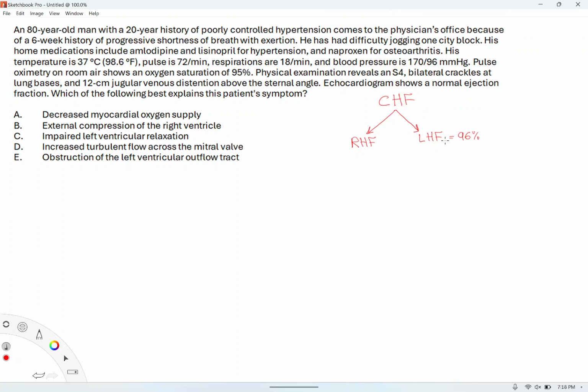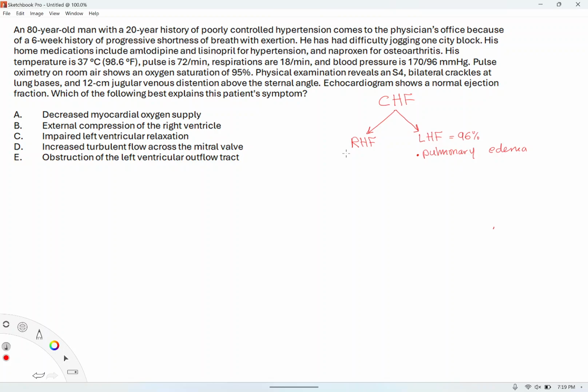Okay, so in left heart failure, if the heart is unable to pump or fill up completely, blood will start pooling in the pulmonary vessels. So this leads to pulmonary edema. This is the hallmark of left heart failure.